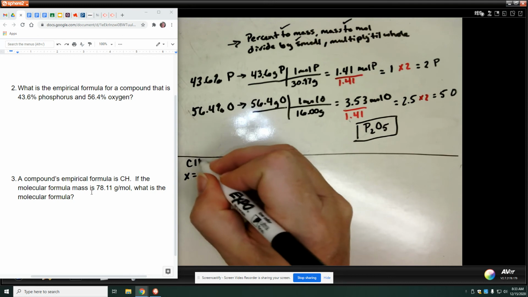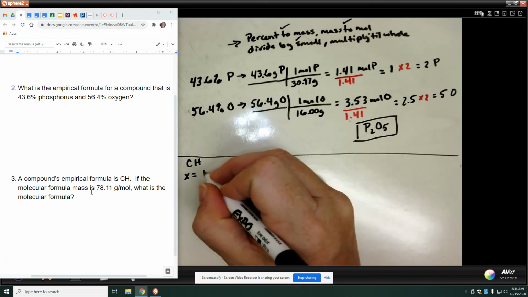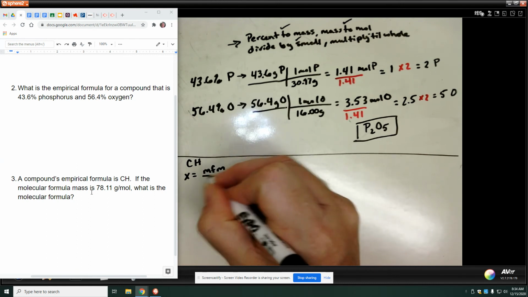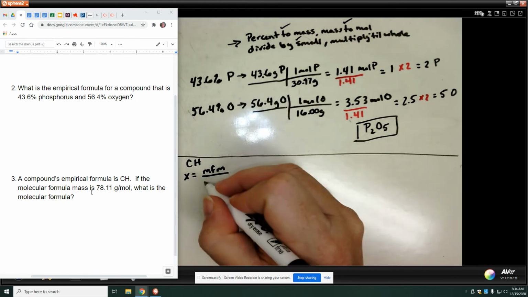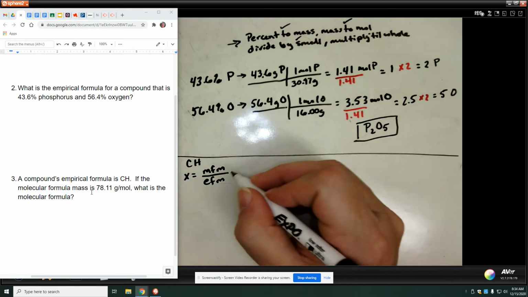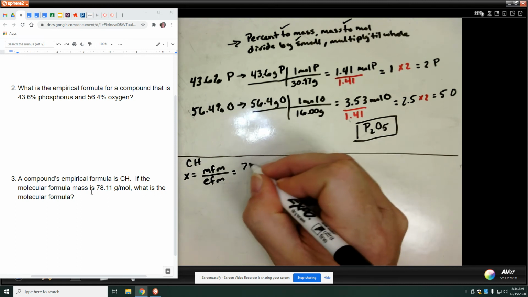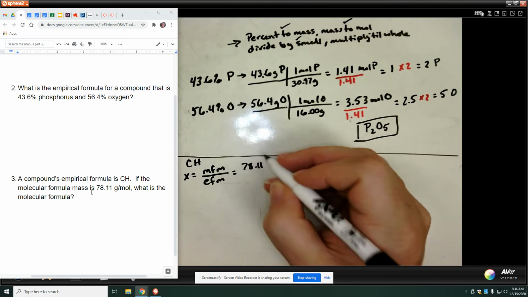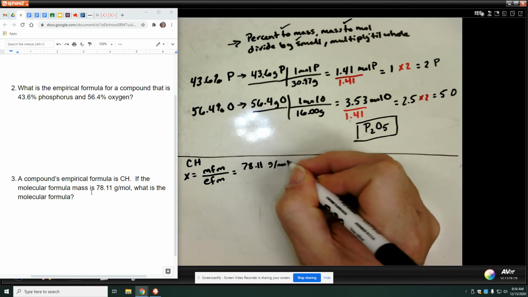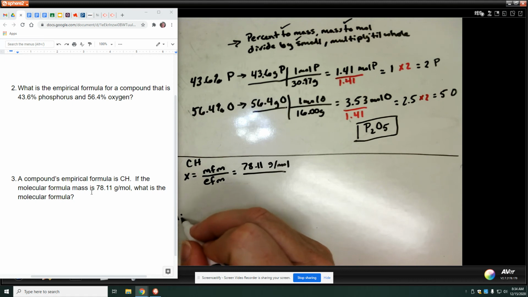Our empirical formula in this problem is CH, so I need to find this X factor. It is the molecular formula mass that's always given in the problem, divided by the molar mass of my empirical formula. My molecular formula mass given in the problem is 78.11 grams per mole, and I'm going to divide that by the molar mass of my empirical formula.